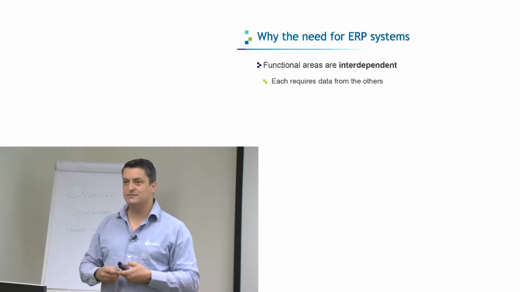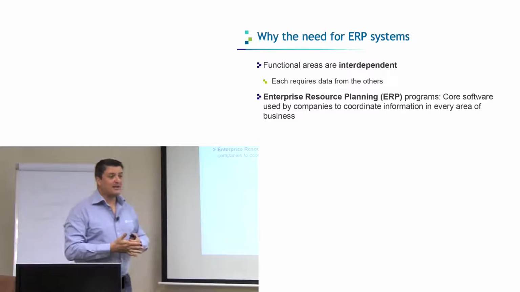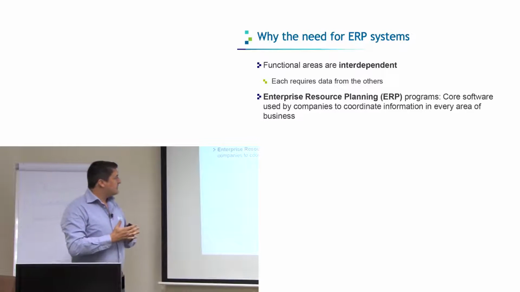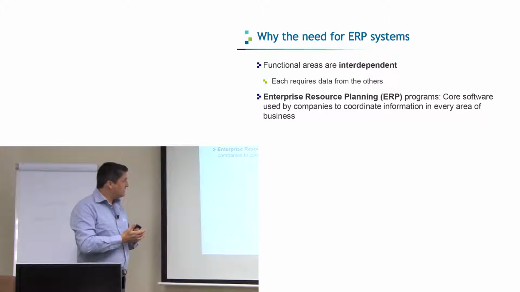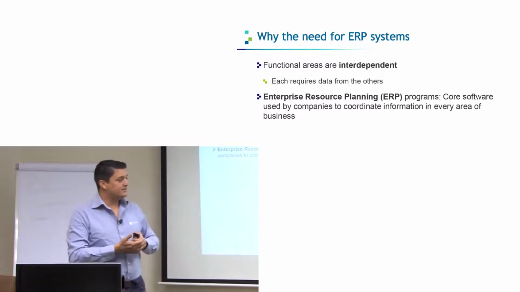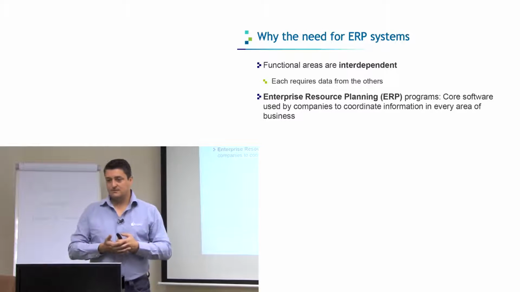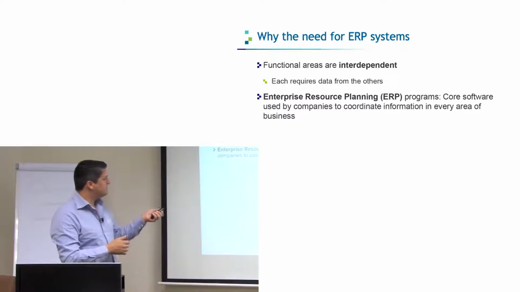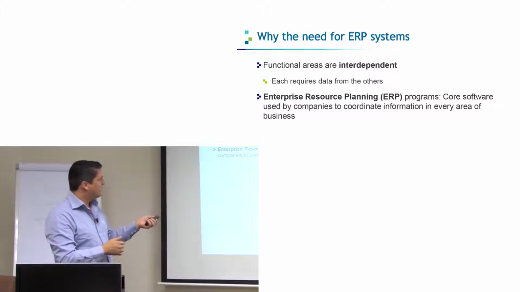So we are expecting that ERP systems provide us with a view which is interdependent across a whole lot of functional areas. Next, enterprise resource planning. That's what ERP stands for. It's core software utilized by companies in order to coordinate information in every area of the business. By its very acronym, it's enterprise-wide across the whole organization, and it is about planning those resources.